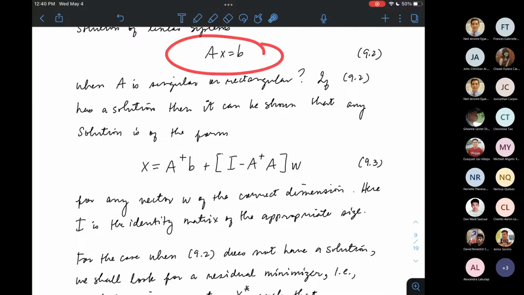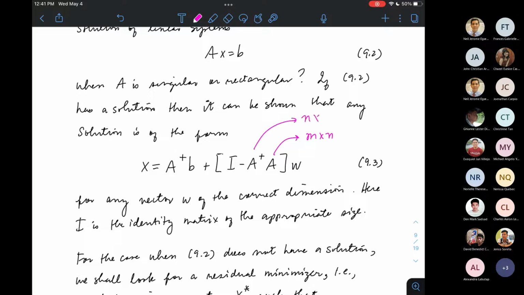So kung consistency 9.2, then kahit anong solution in 9.2 can be written with the aid of the pseudo-inverse of the matrix A. In particular, any solution X could be written as pseudo-inverse of A times the right-hand side vector plus the identity matrix of the right size minus A pseudo-inverse times A times any vector W of the right dimension.